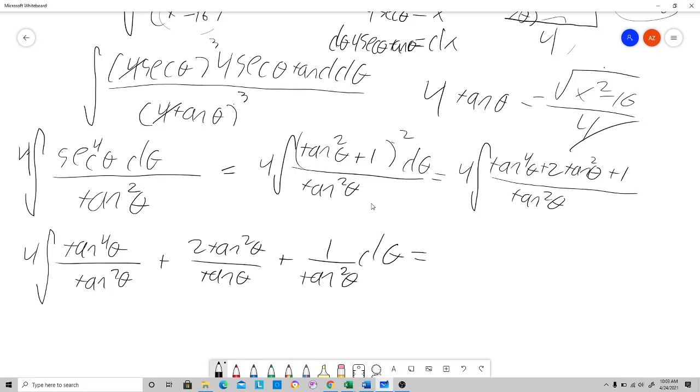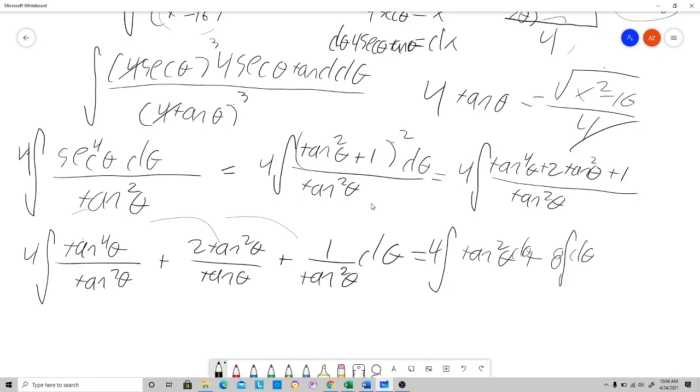Okay, so now let's simplify this. Let's distribute the integral. We're going to have 4 tangent squared theta, plus 8, because I'm going to take the 2 and the 4, so it's going to be 8, d theta.